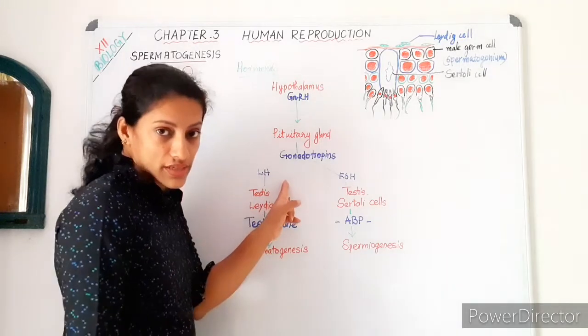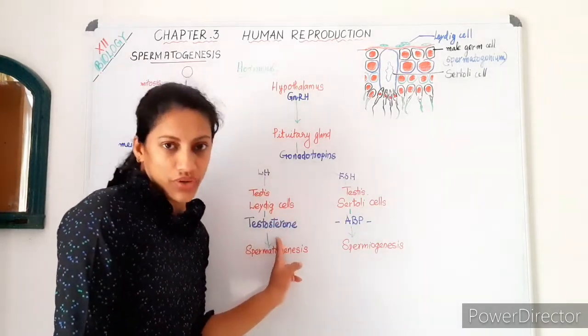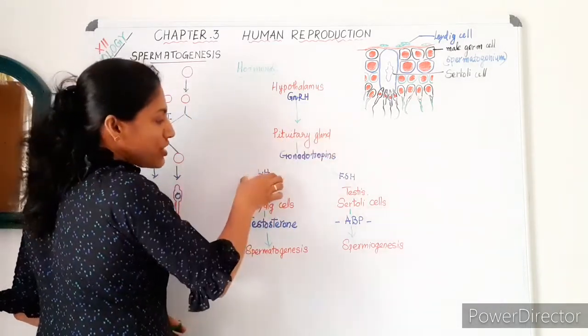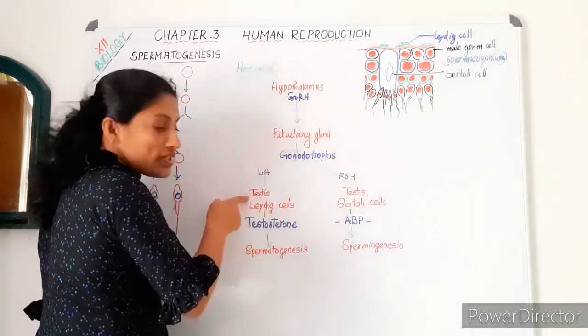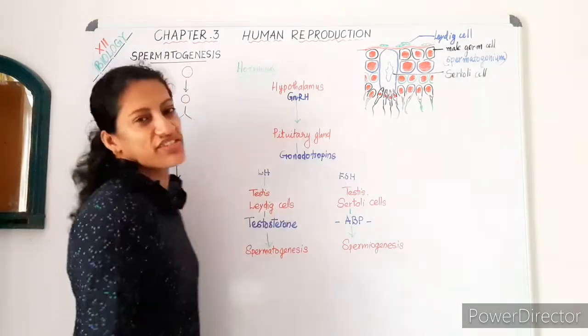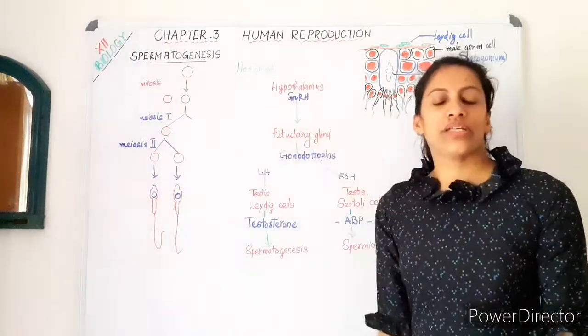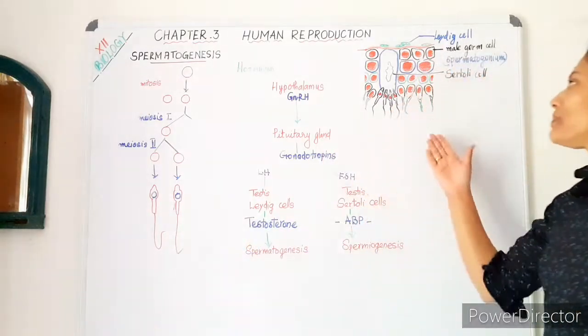LH, the luteinizing hormone, has the testes as its target. It stimulates the Leydig cells to produce testosterone. So understand, when the pituitary gland produces LH, it stimulates the Leydig cells of the testes to produce testosterone hormone. This testosterone regulates the full process of spermatogenesis.